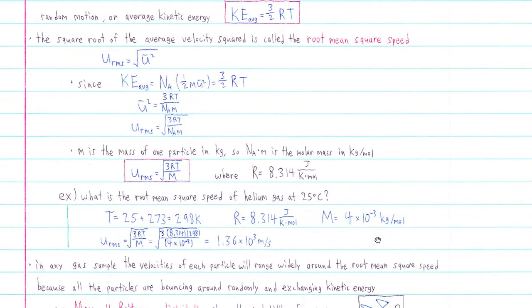So in kilograms, it's just 4 times 10 to the negative third kilograms per mole. So we plug those into the expression for root mean square speed, and we solve and get 1.36 times 10 to the third meters per second. So you can see that the gas particles are moving pretty fast on average.